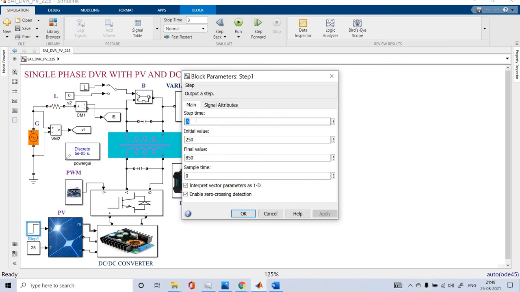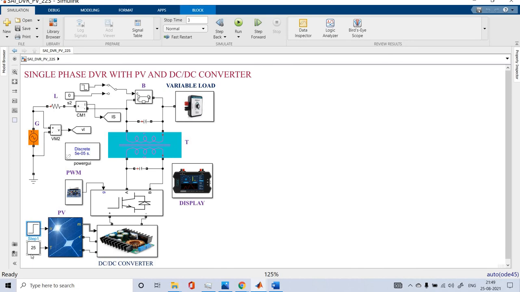Up to 0.5 second there is a low voltage between the two terminals of the PV. After that, the irradiation is changed to 850 watts per meter square, and again we maintain the PV temperature at 25 degrees Celsius.